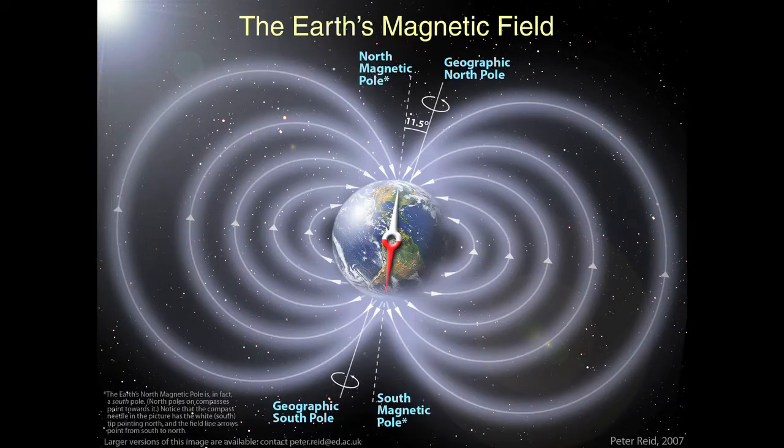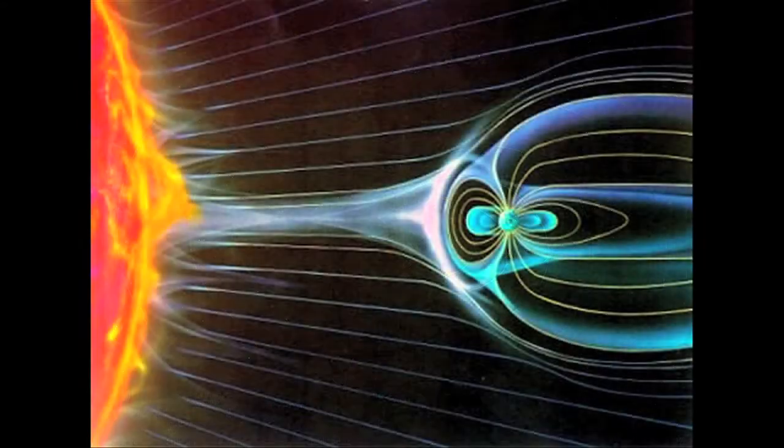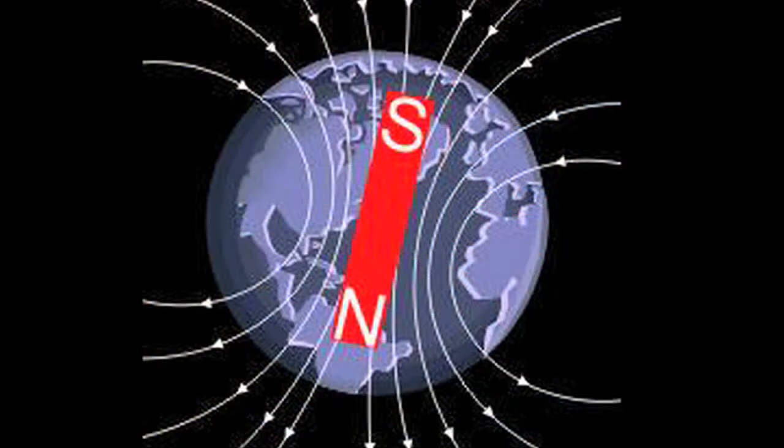The second one is Earth's magnetic field. The Earth's magnetic field is mostly caused by electrical currents in the liquid outer core, which is composed of molten iron. The magnetic field protects the Earth's atmosphere from solar wind, a stream of energetic particles emitting from the sun. These particles would strip away the ozone layer, which protects the Earth from harmful ultraviolet rays.